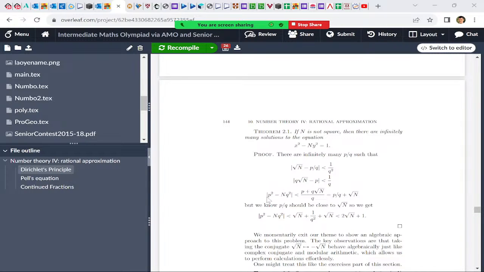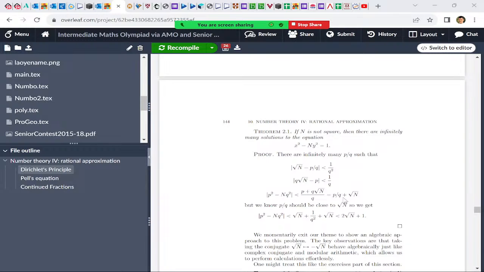You get p squared minus n q squared, which is the left-hand side of Pell's equation, is less than (p plus q root n) over q. Once you cancel out the q, you get p over q plus root n. But remember, p over q is close to root n, so this is roughly 2 root n.